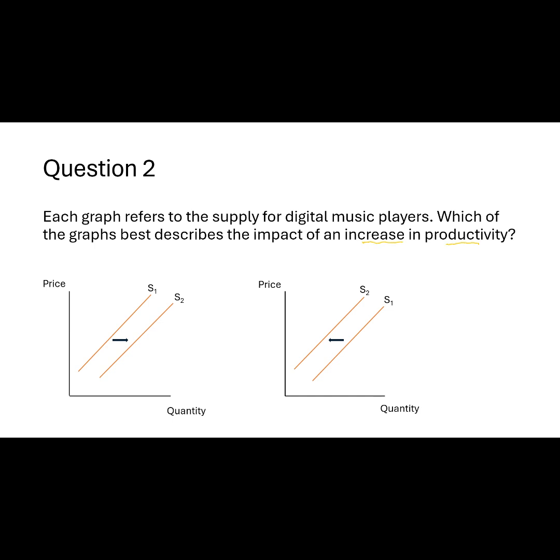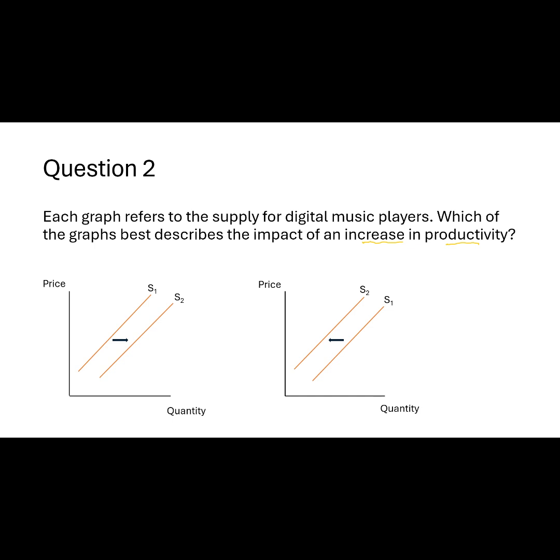That means we can make more products either faster or cheaper. We are more productive. It could be maybe we have better skilled labor or we have better technology. There could be any number of reasons, but we're able to produce more at a cheaper rate.